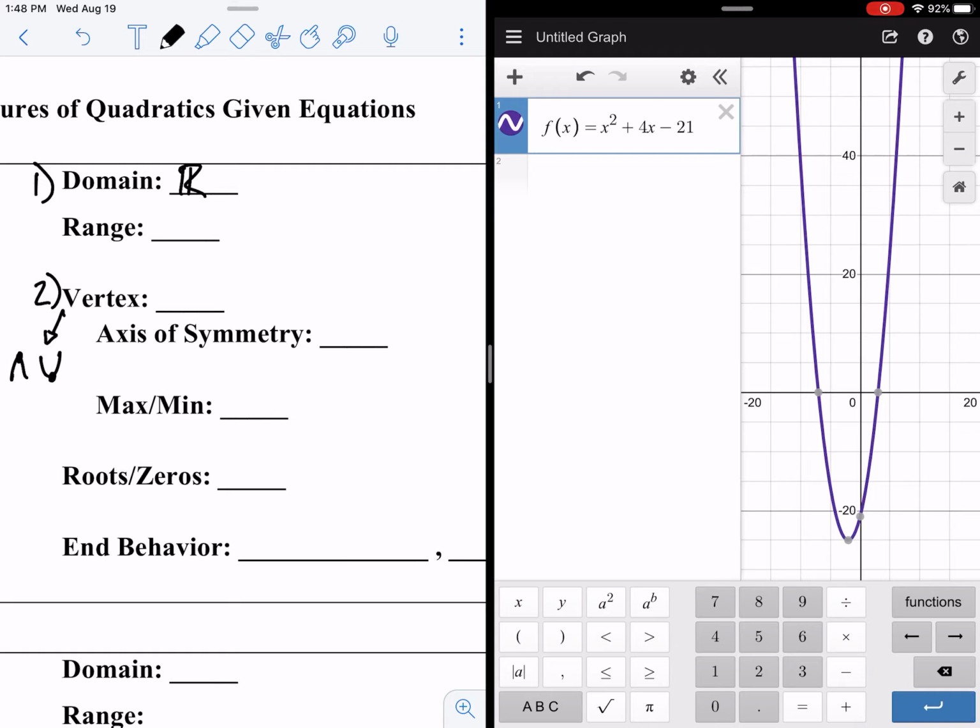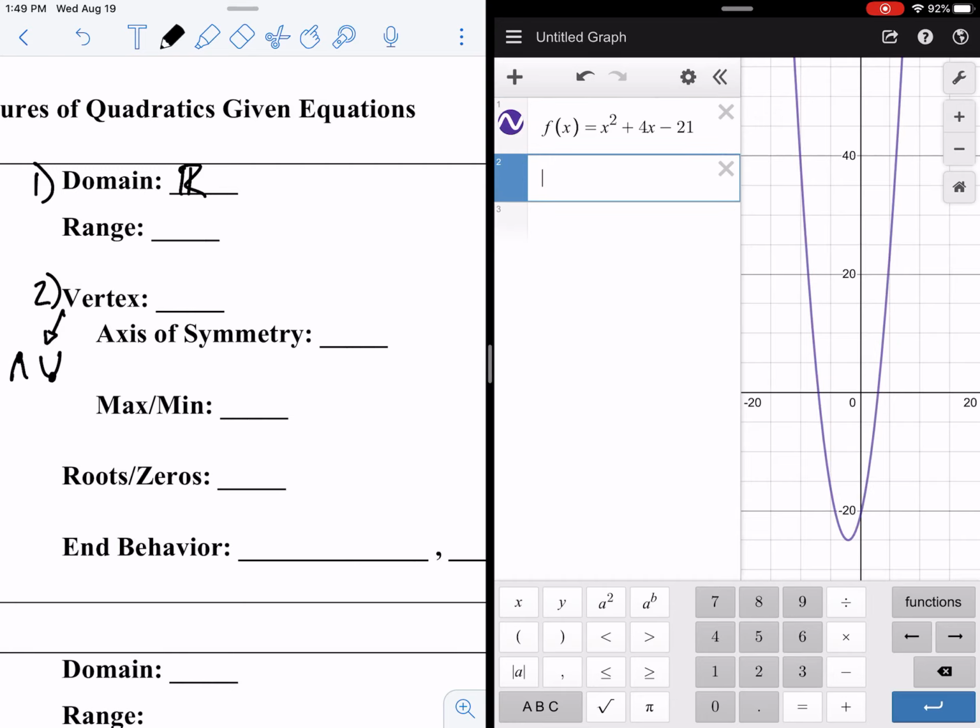Now, you could do one of two things. You could try and guess what it is, or you could be more accurate and actually know what it is. Currently I have 4 gray dots on my graph. Now I have none.